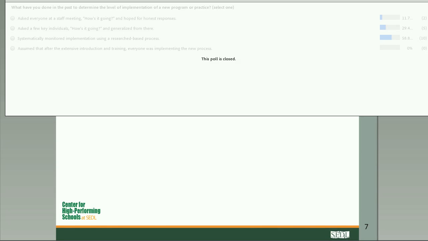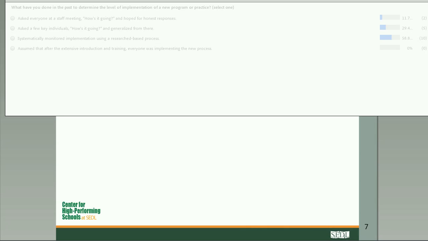I think we have enough information at this point, so I'm going to close the poll, and it looks like quite a number of people are systematically monitoring implementation using some process. Actually, CBAM is one of those processes that you can use, but it also occurs quite often that when we're implementing something, we'll ask people, well, how's it going?